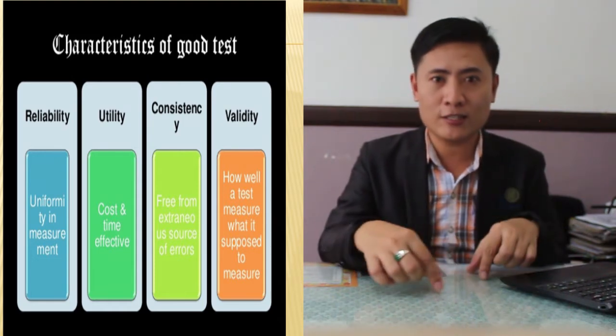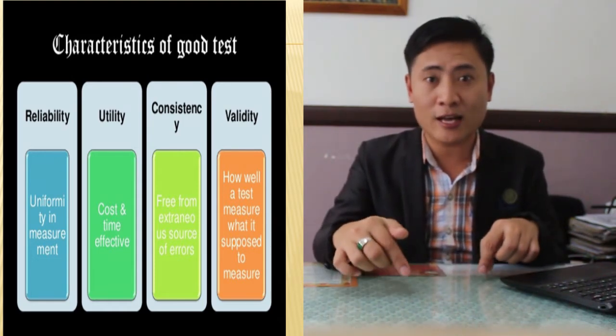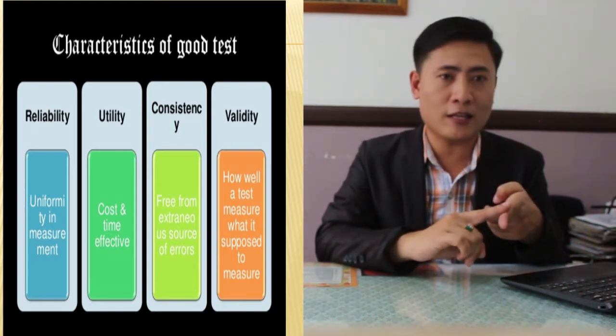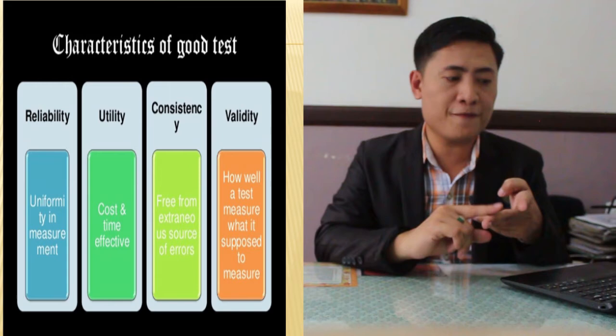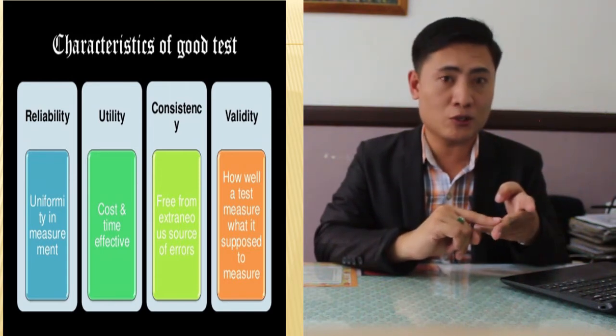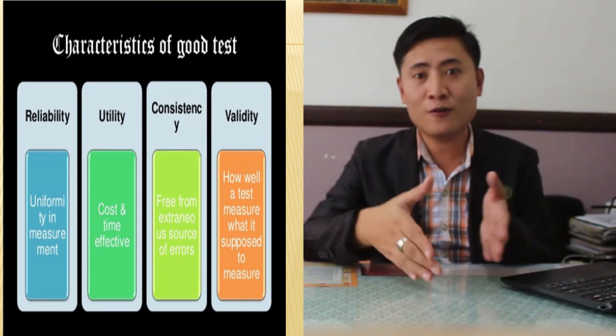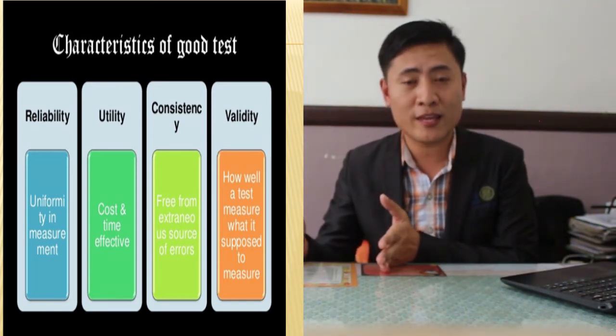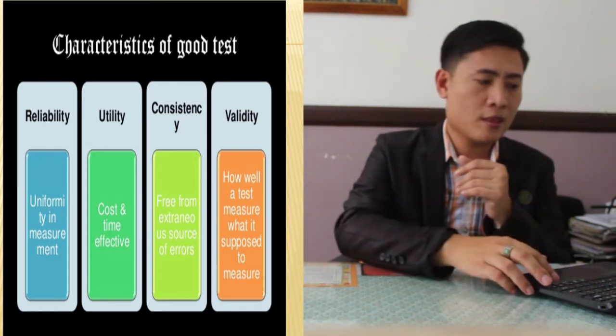So the test items are consistently good. Utility, cost and time effective. And of course the validity, how well a test measures what it is supposed to measure. Is it valid for that particular competence that you want to get as a source of data?